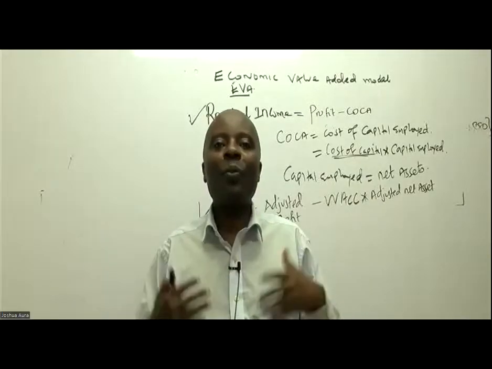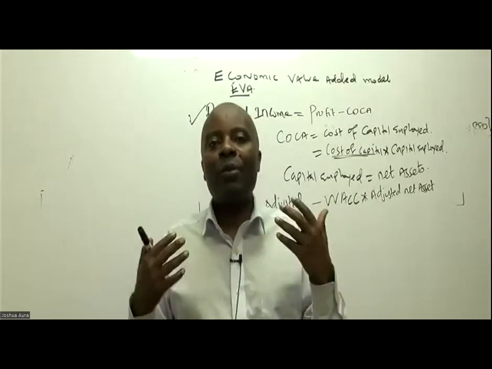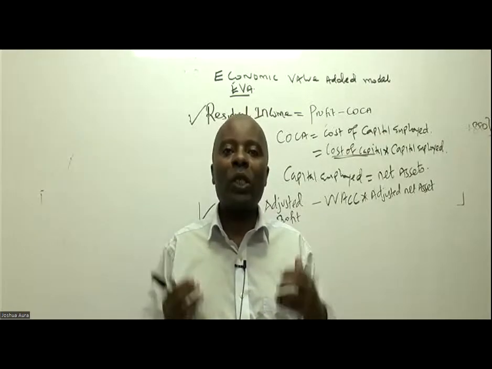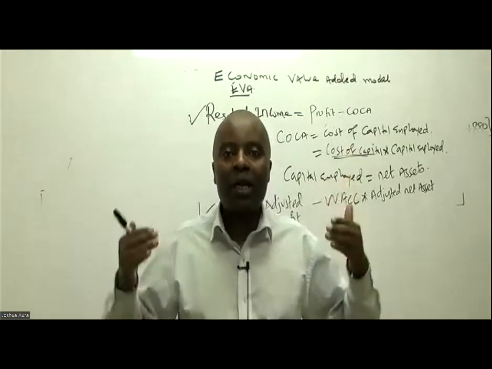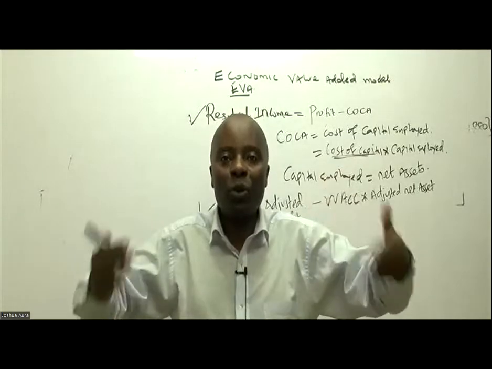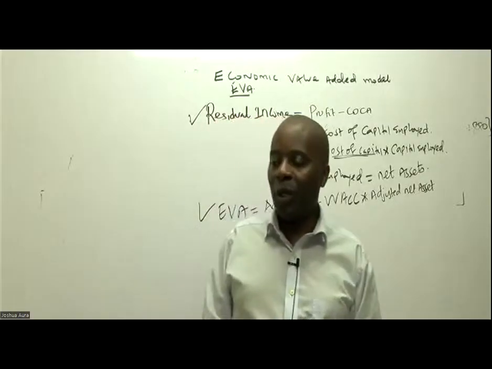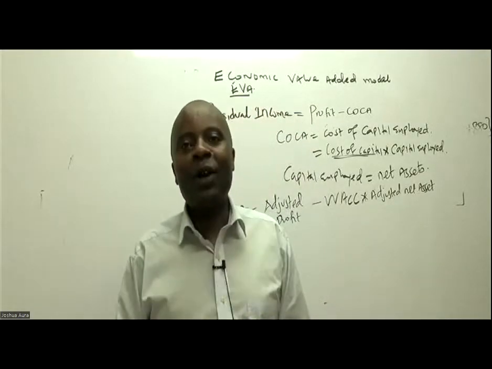Any non-cash operating expenditure, depreciation, amortization, etc., all those expenses must always be added back to be able to derive what we call a cash flow. So are we together, first of all, up to there?